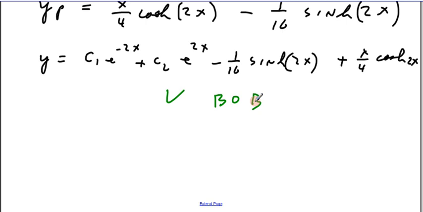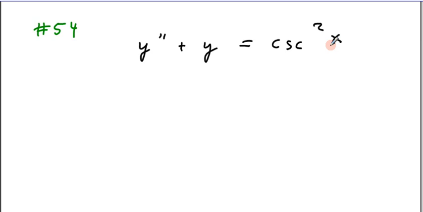Okay, one more. Number 54. Okay, y double prime plus y is equal to cosecant squared x. Oh yeah, cosecant squared x. Why not? Okay, characteristic equation, r squared plus 1 is 0. R is going to be plus or minus i.